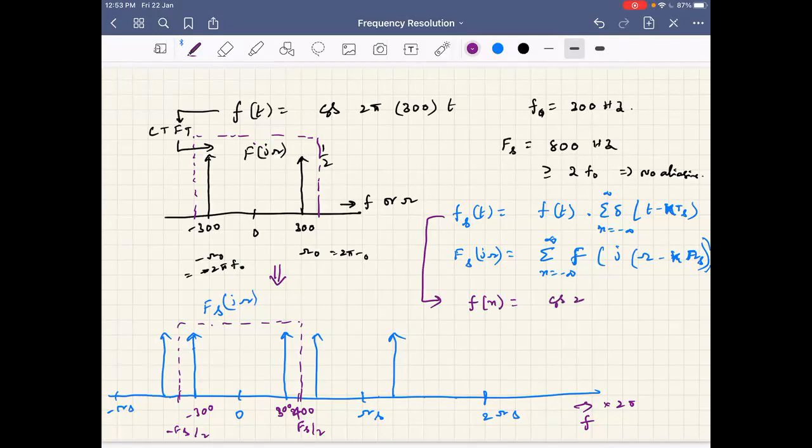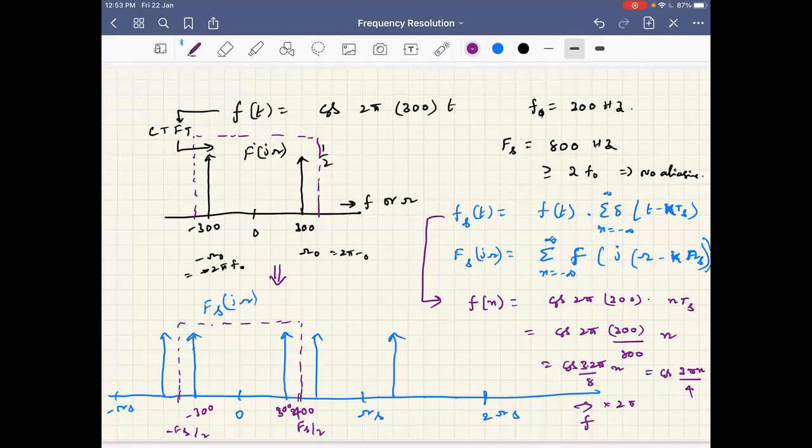So cos 2 pi into 300 into t is replaced by nTs, which is cos of 2 pi into 300 by 800 into n, or cos 2 pi by 8 into n. So this is the signal, essentially cos 3 pi n by 4.